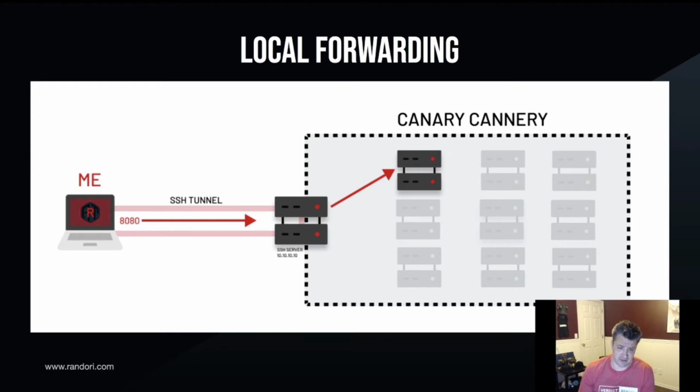I'm going to tunnel that over SSH, so it will send it over the SSH tunnel to that 10.10.10.10 system, and the request will then come out of that system, connect to that server on the inside, and look like, from that system's point of view, it's coming from 10.10.10.10. So I am forwarding a local port from my system to a port on the other side of that SSH box.